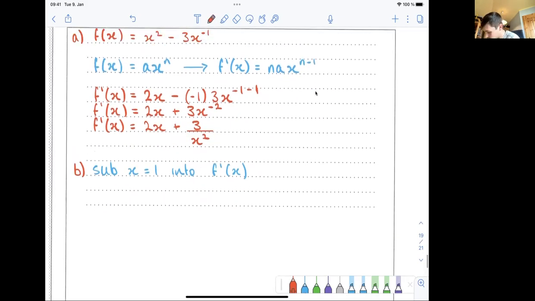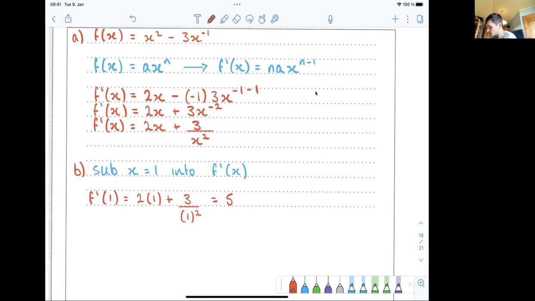So f dash 1 is equal to 2 times 1 plus 3 divided by 1 squared, which is just 1. So that's 2 plus 3, which is equal to 5.